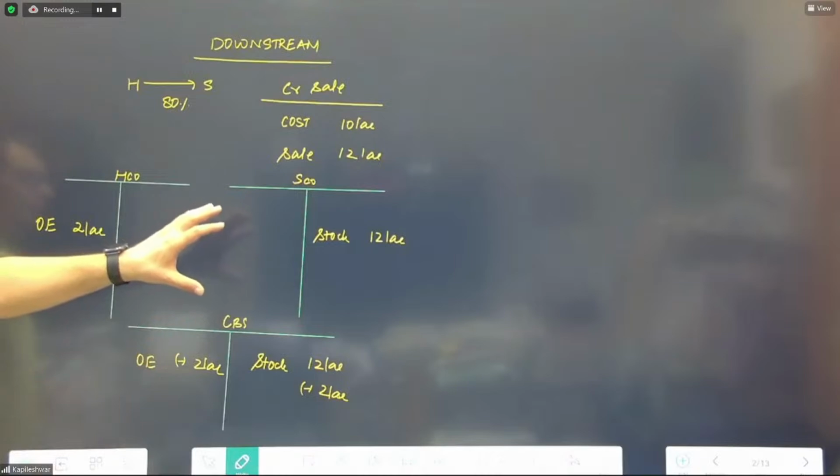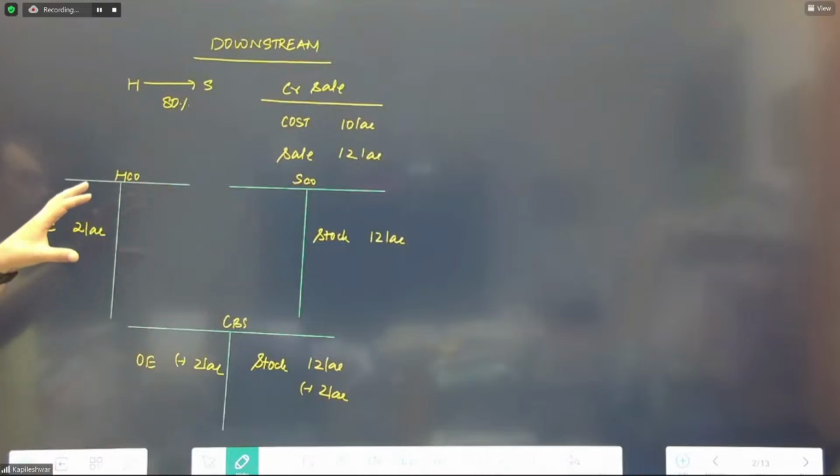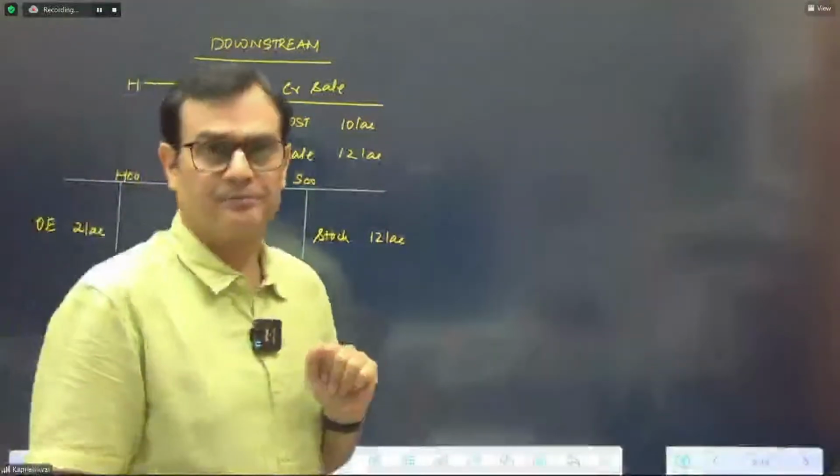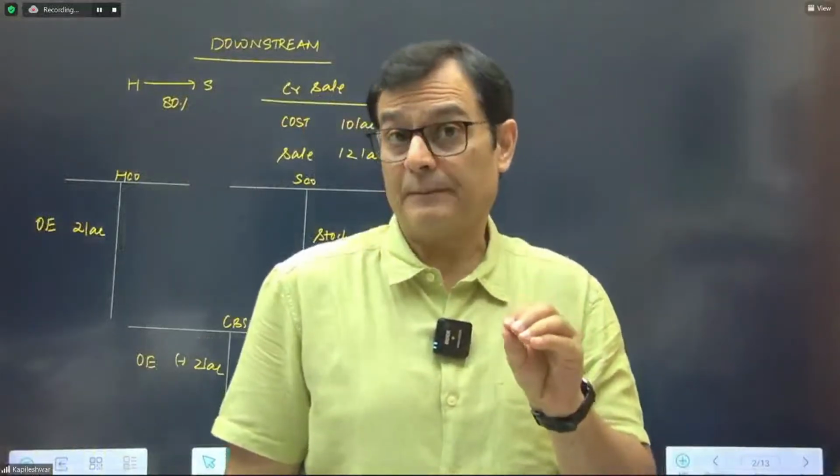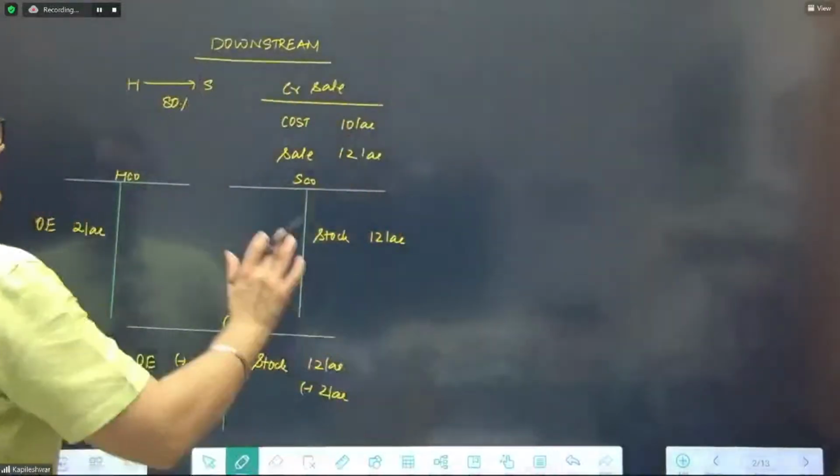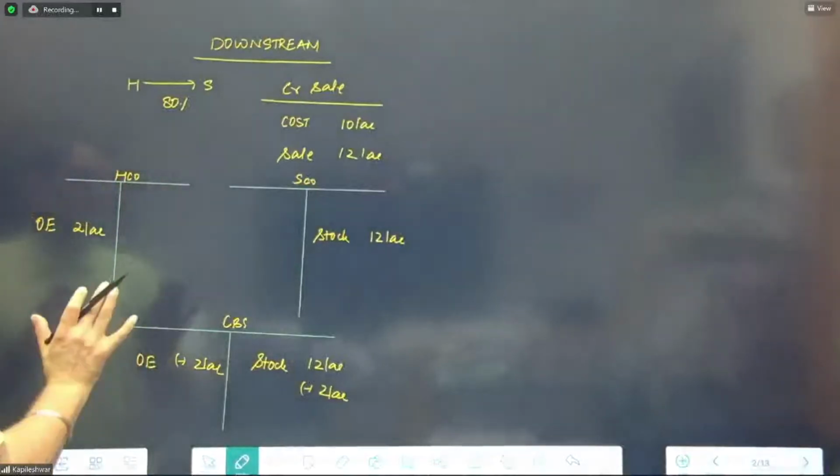That means you need to eliminate the profit element both from the stock as well as the other equity in the consolidated balance sheet, which means nothing is to be done in terms of the first 5 steps. If it is a downstream transaction, you can take care of this in the 6th step.